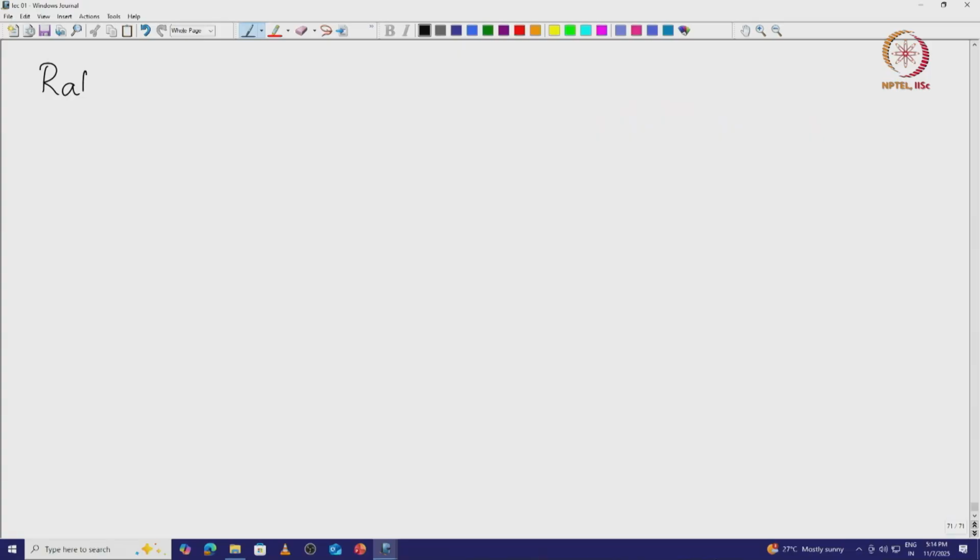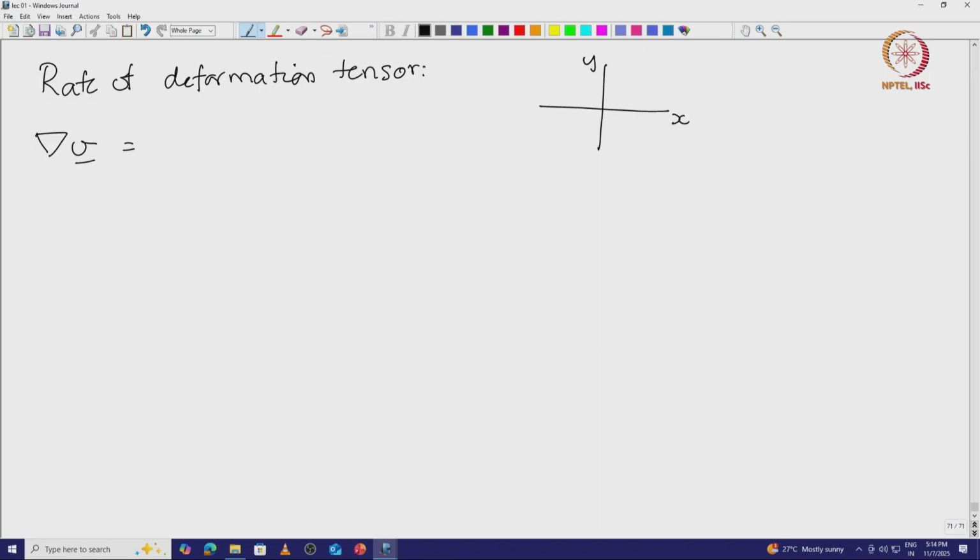So, in the last lecture we had talked about the rate of deformation tensor, grad V. If you are at some location x, and you make a small displacement x plus delta x, the fluid velocity at the location x is v at x.